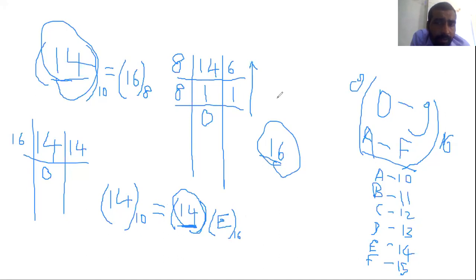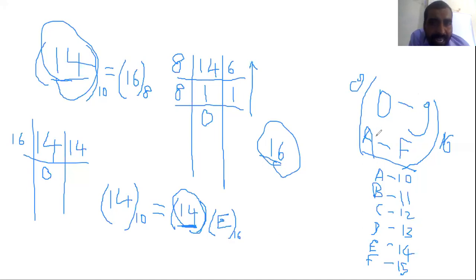Sir, is A equal to 11 or 10? A is equal to 10. You count the digits from 0 to 9, and then A to F. So 0 to 9, how many digits? 10 digits.